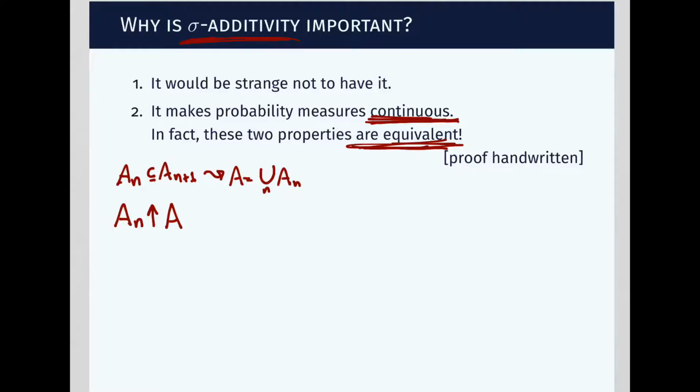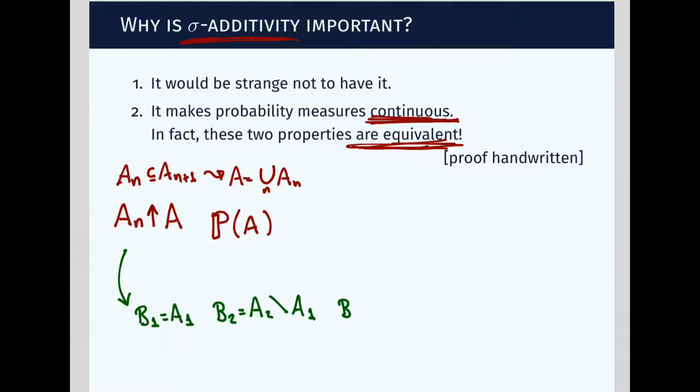Suppose we have this increasing sequence and we want to understand the probability of A. Then we can write B1 to be A1, B2 to be just the difference, A2 minus A1, then B3 to be again the difference, A3 minus A2, and so on.